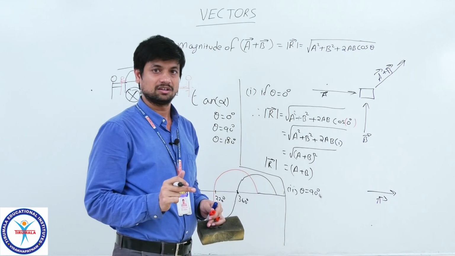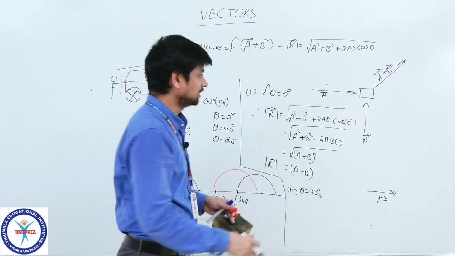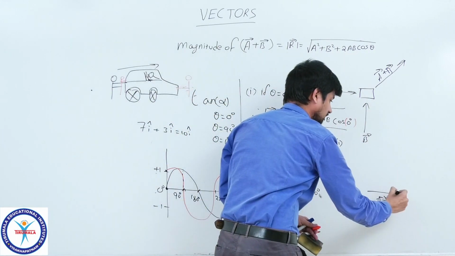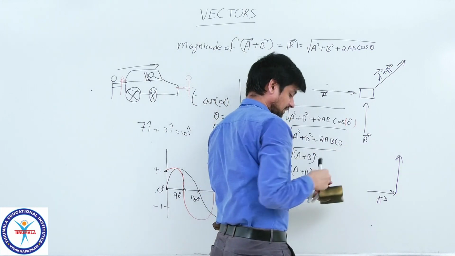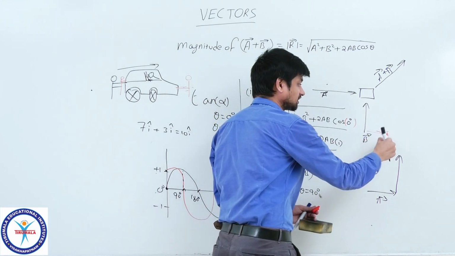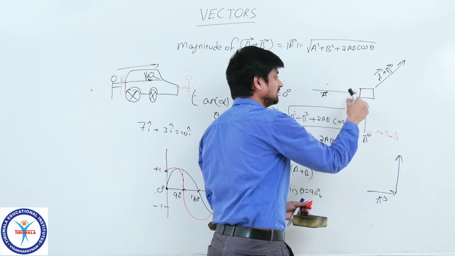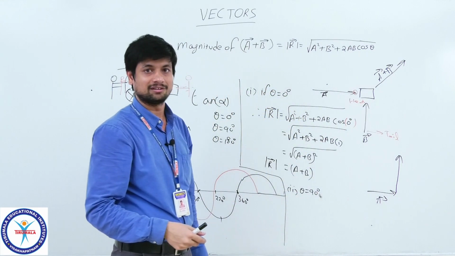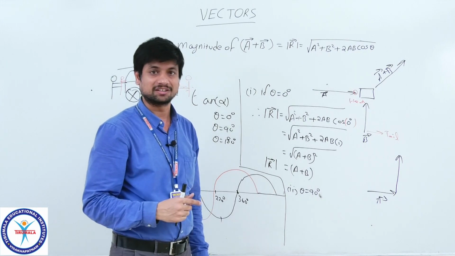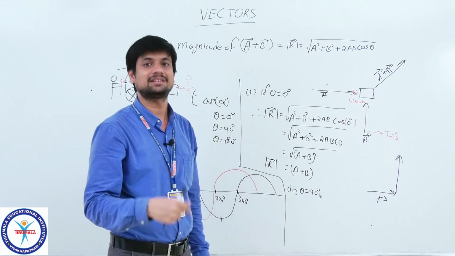Keep it in mind. That's why. So, B parallel to this one. Look at this. I joined its tail to this head. So, this is called the head-tail or tail-head method to know the resultant geometrically.